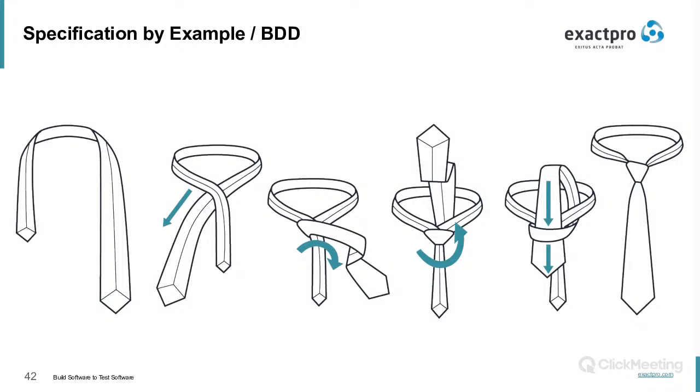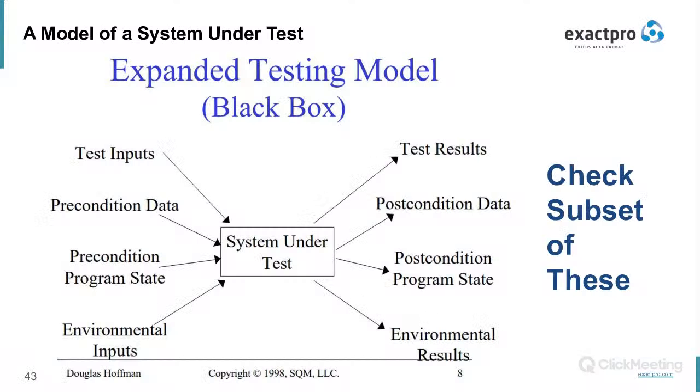It is very easy to do it by looking at provided examples. So there is a term specification by example, there is a methodology called behavior-driven development. And the idea is that we specify both the input and expected output. This is the example of what we expect from the system, and it serves as an executable specification. It contains a test oracle. So we would like to see this example.